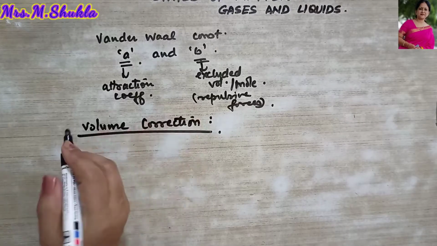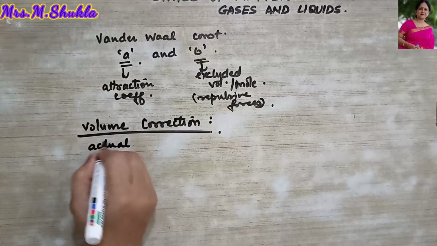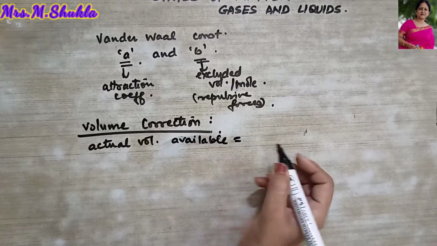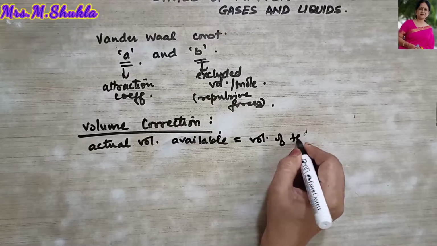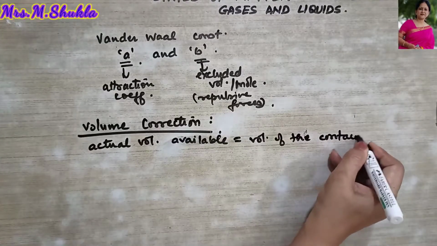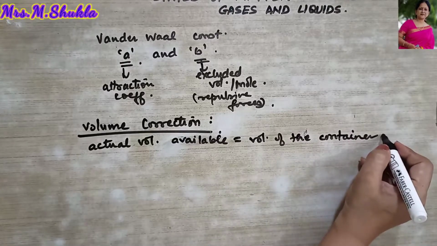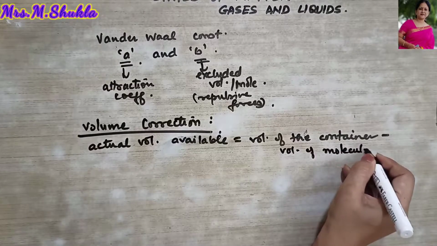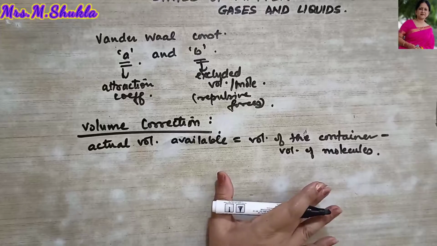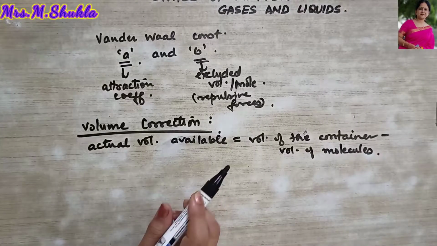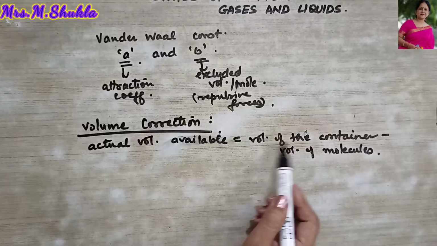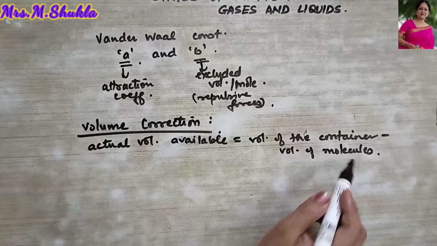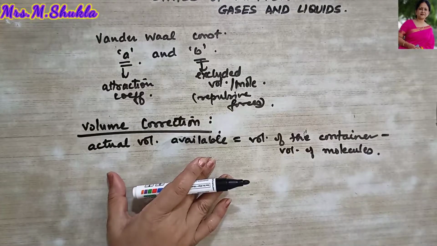That is, the actual volume available is equal to the volume of the container or vessel minus the volume of molecules. Clear? Thus, the total volume of the container minus the effective volume of the molecules themselves is only the actual available volume, right?